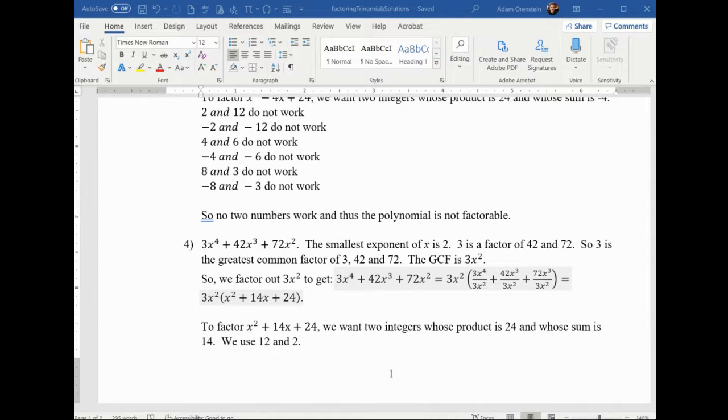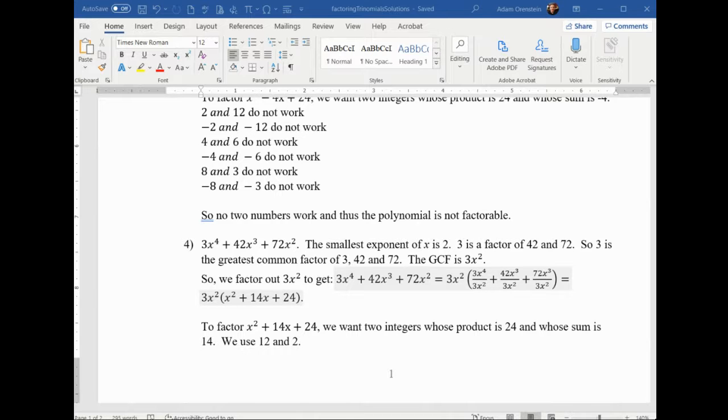Hopefully, even without the solutions, you saw that it was 3. I didn't list the factors of each one. The only factors of 3 are 1 and 3. And 3 is a factor of 42 and 72. So 3 is the greatest common factor. 3x squared is the GCF, and we can factor it out.